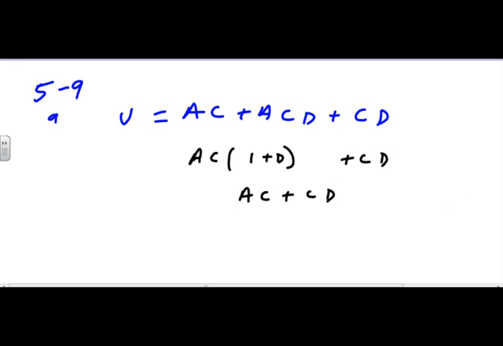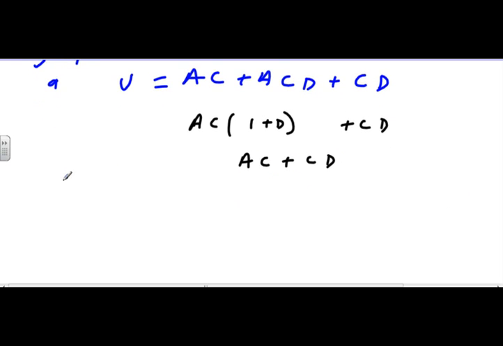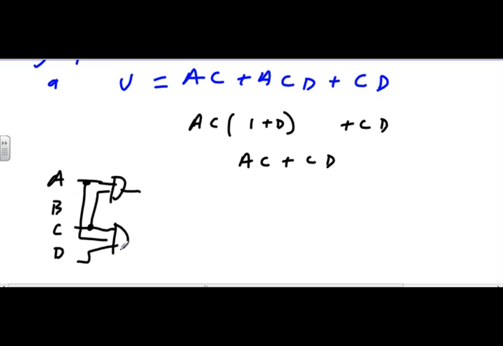Okay, so now I'm going to draw the original circuit. A, B, C, D, boom, boom, and A, C, D, and C, D, and then I'm going to send everything through an OR.